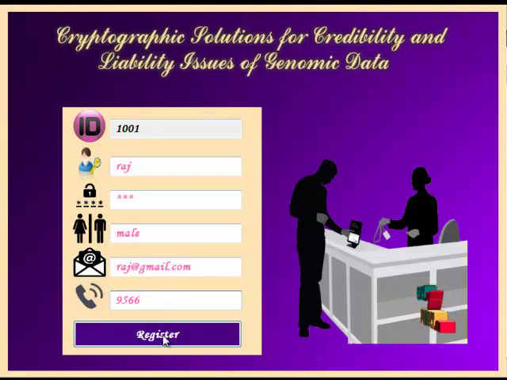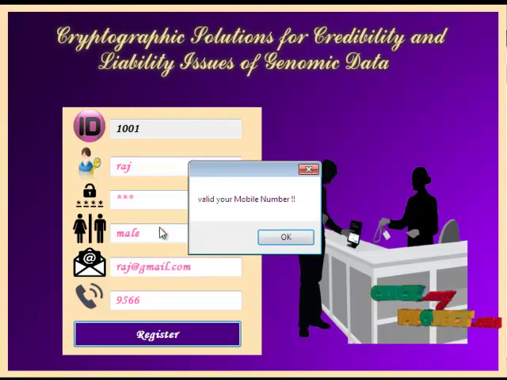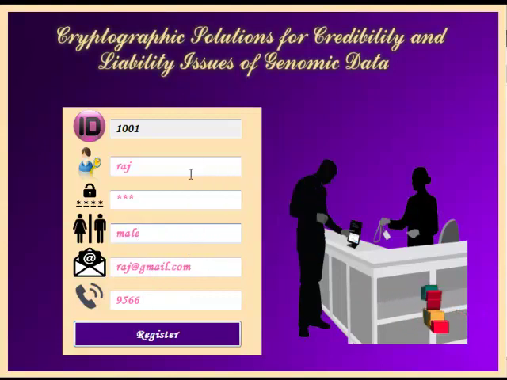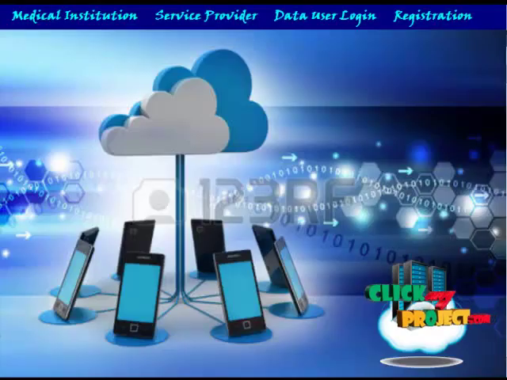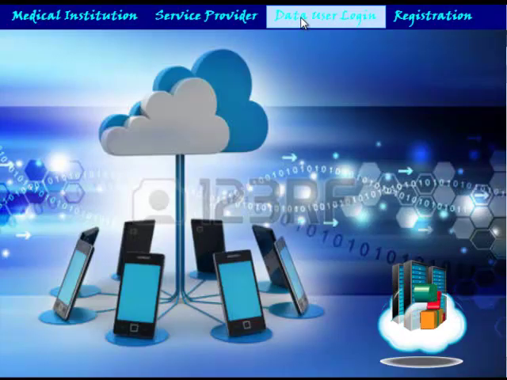So here validation is kept for two things: mail ID as well as mobile number. Once the mobile number is given correctly, registration is performed successfully. After registration, the user can log in.